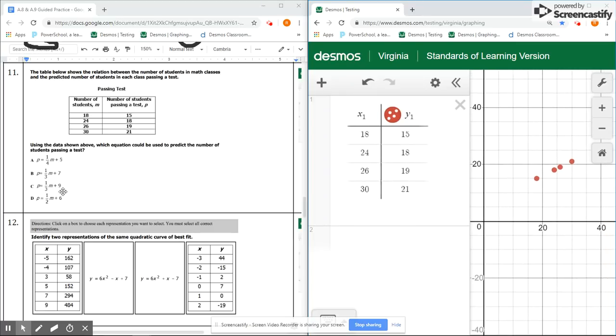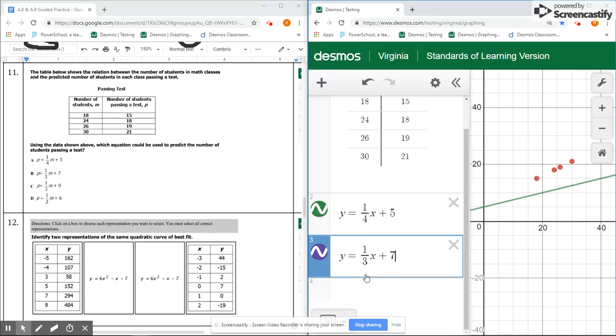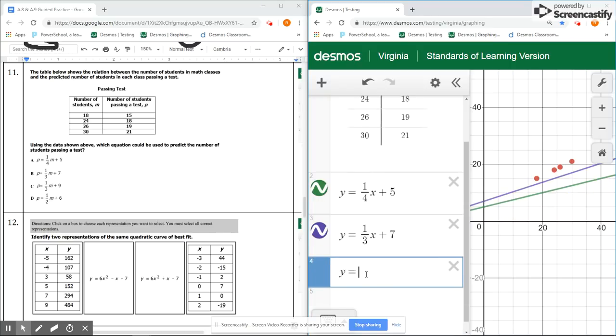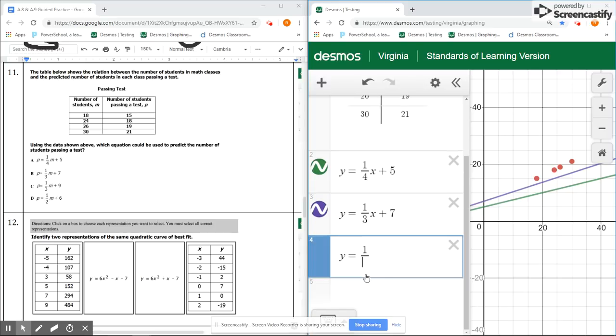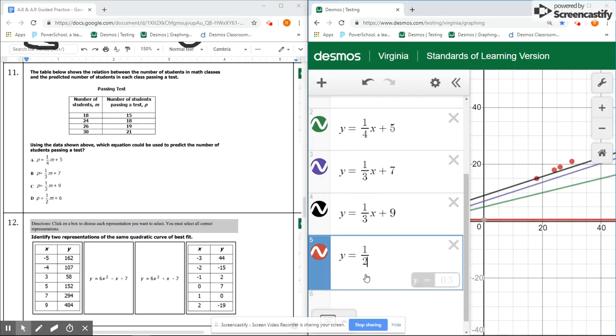And we want to see which of these lines best fit these 4 points. So I'm going to type in each of them. y equals 1/4 x plus 5. Okay, there's one line. y equals 1/3 x plus 7. There's another. y equals 1/3 x plus 9. And y equals 1/2 x plus 6.